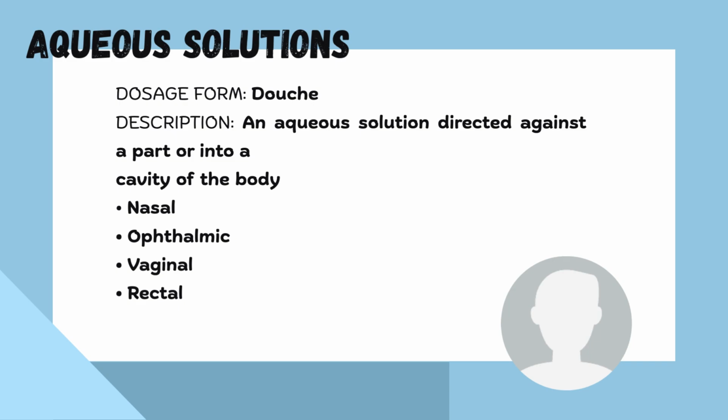Okay, important notes. Douches should be prepared freshly before use. Must be free from solid particles that could irritate tissues. And then temperature should be close to body temperature, around 37 degrees Celsius for comfort. And then devices used must be clean and sterile to avoid infection.